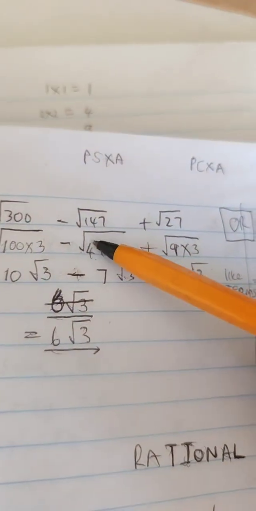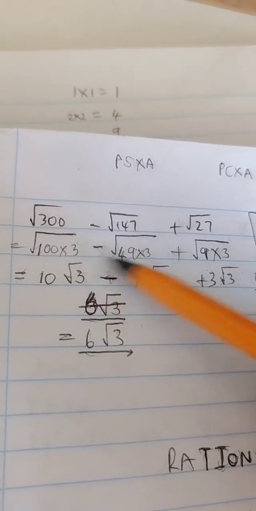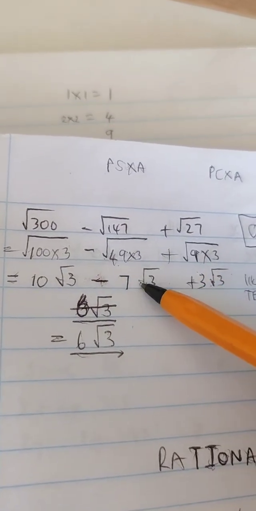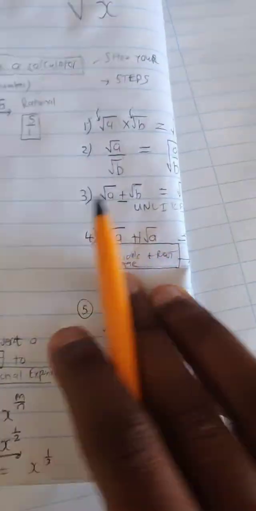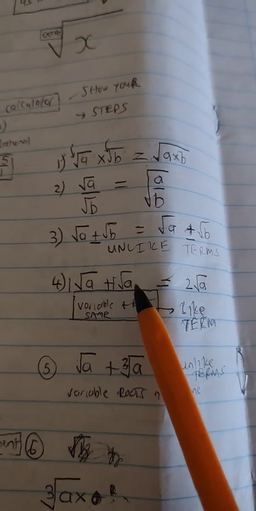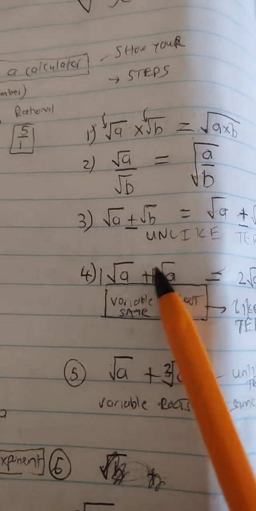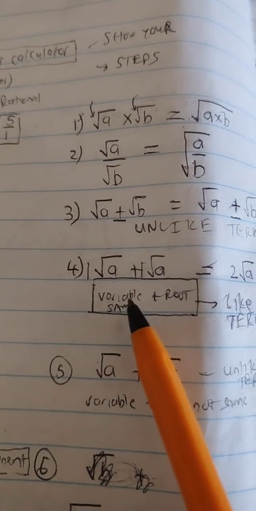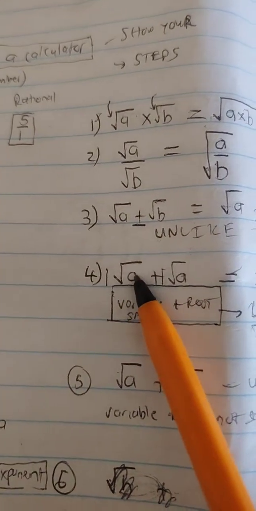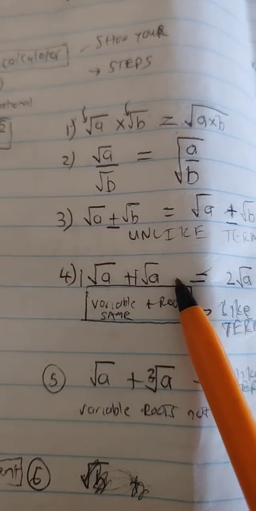It's because the square root of 3, the square root of 3, the square root of 3 fits the rule we explained at the beginning: if the root is the same, this is a square root, this is a square root, in other words the root is the same, and inside there's the same variable, then we say these are like terms.